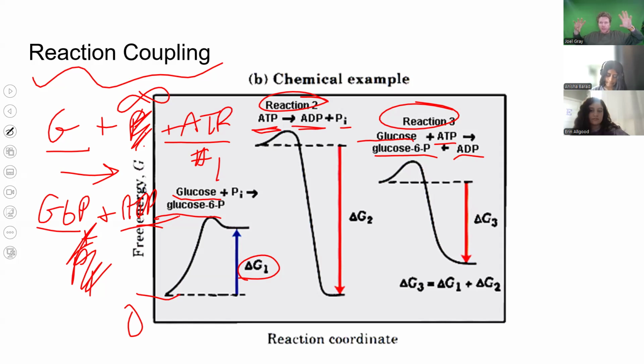What I've done is I've combined these two reactions. One spontaneous, one non-spontaneous. What a biological system is capable of doing is taking that one spontaneous reaction and harnessing the energy from it to drive a non-spontaneous reaction, which is what we get with reaction number three.